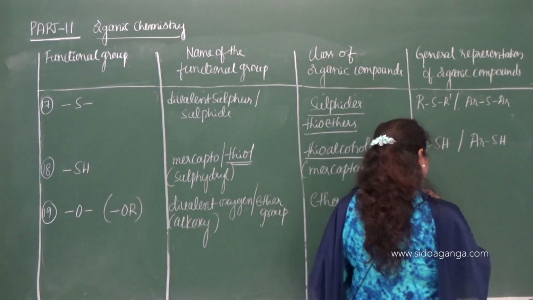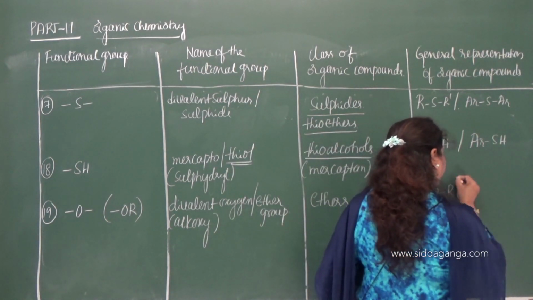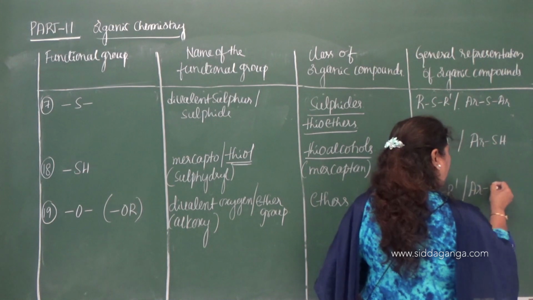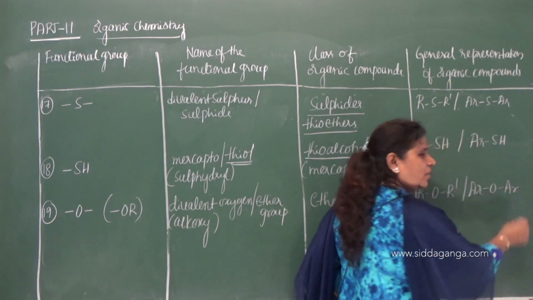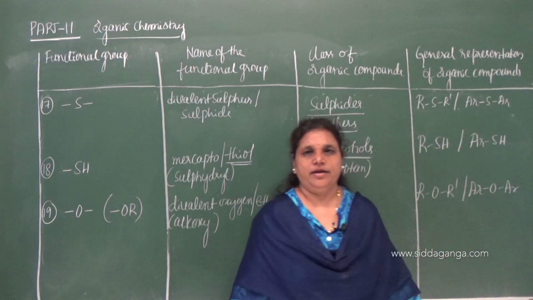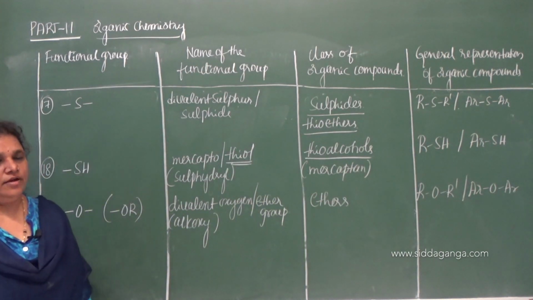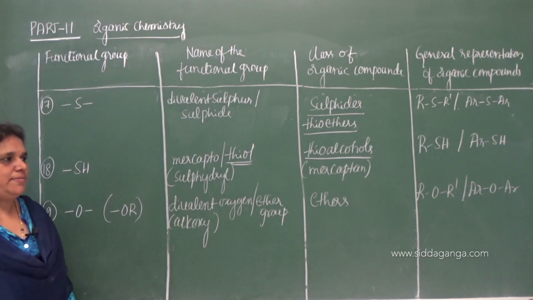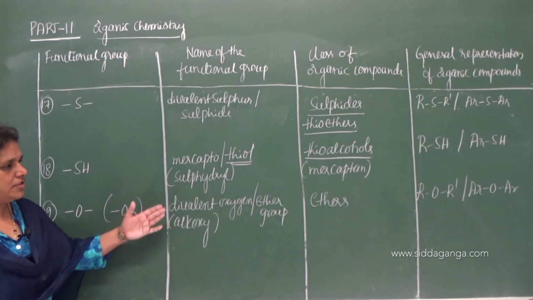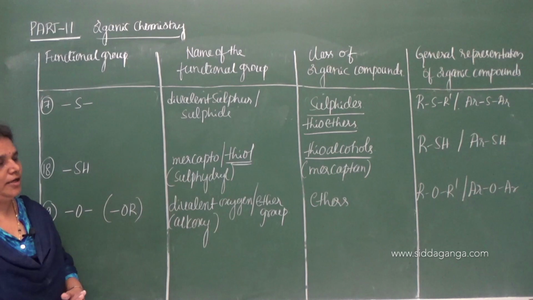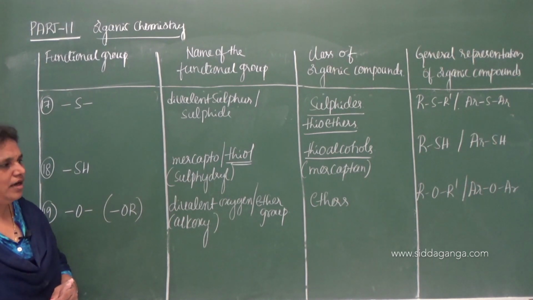Then how to represent? R-O-R dash, or Ar-O-Ar. R and R dash may be the same or they may be different. So this is a very important class of organic compounds, that is ethers.